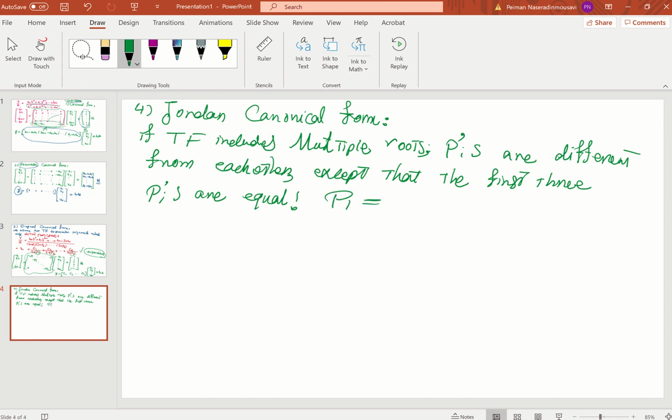Means p1, p2, and p3 are repeated poles.